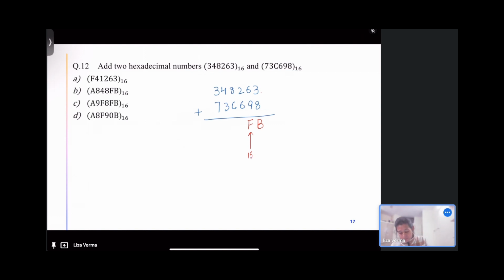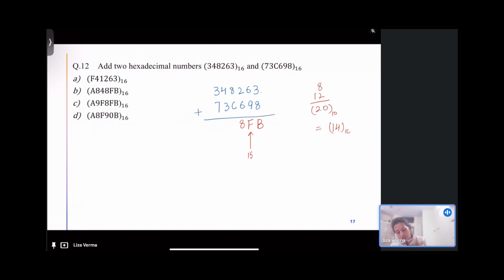6 plus 2 is 8, simple. 8 plus C, which is 12, is 20, right? And 20 in base 10 in hexadecimal is 14. Let's do this conversion fast.